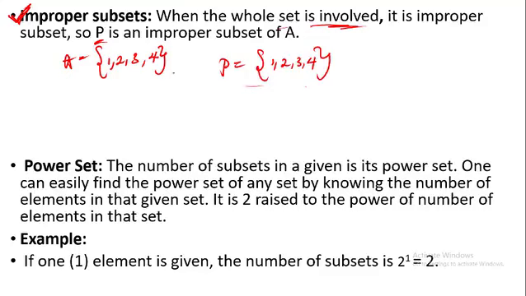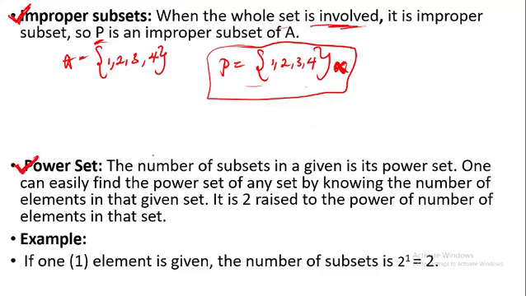So P is a subset of A, and as such we say that P is an improper subset. Normally it's not supposed to be a subset, but that is the way it is being counted. So every set is a subset of its own. So that is how we got this to be a subset, and it's called an improper subset.